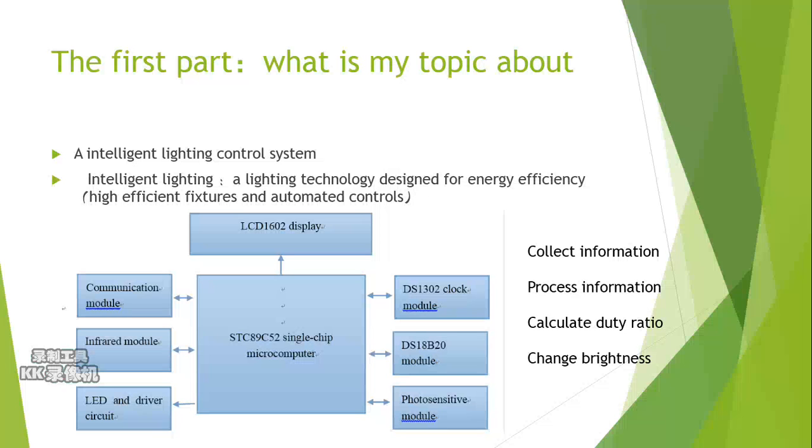Intelligent lighting means technology designed for energy efficiency, which may include high efficiency fixtures and automatic controls based on occupancy or daylight availability. As you can see, I showed a picture of my mini system here.